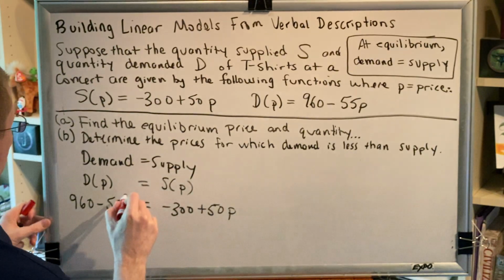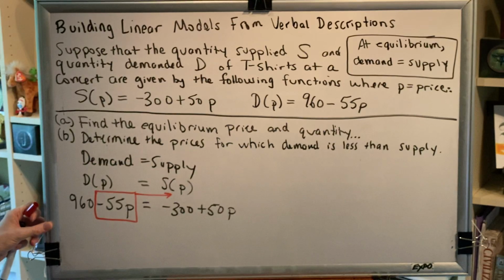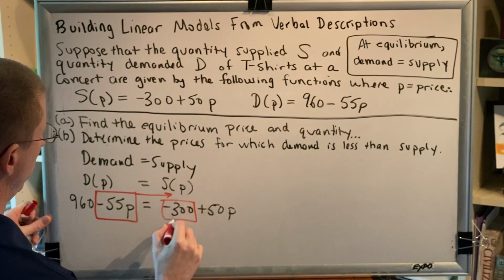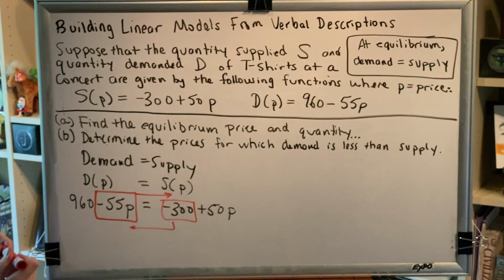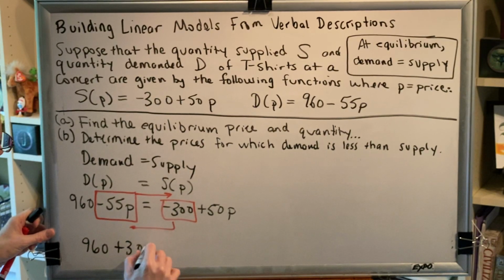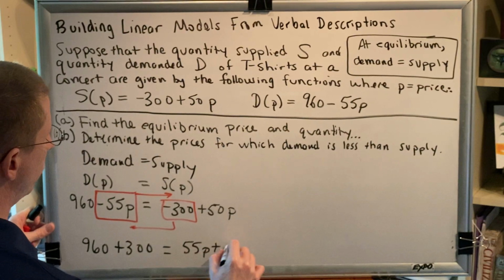So we're going to move these terms here to this side so that all of our p terms are on the right. And we're going to move this one over here so that all of our number terms are on the left. So then we're going to have 960 plus 300 is equal to 55p plus 50p.